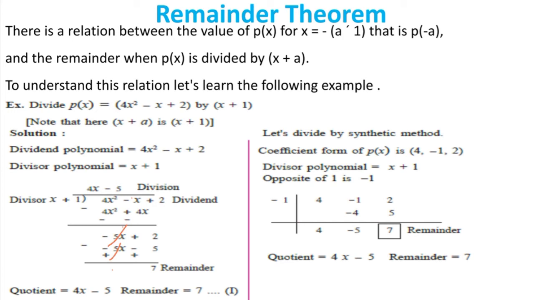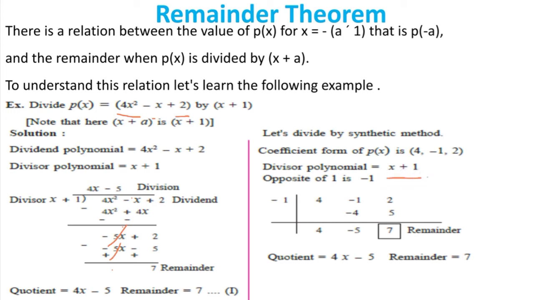Let's divide by the synthetic division method. This binomial can again be divided by the synthetic division method. The coefficient form is: 4x square, coefficient is 4, minus x, coefficient is minus 1, and here plus 2. The divisor polynomial is x plus 1 and the opposite of plus 1 is minus 1.